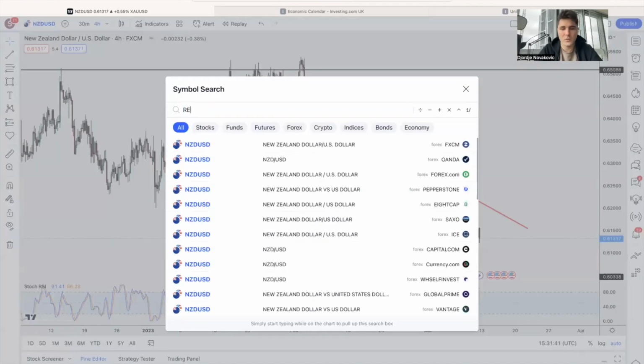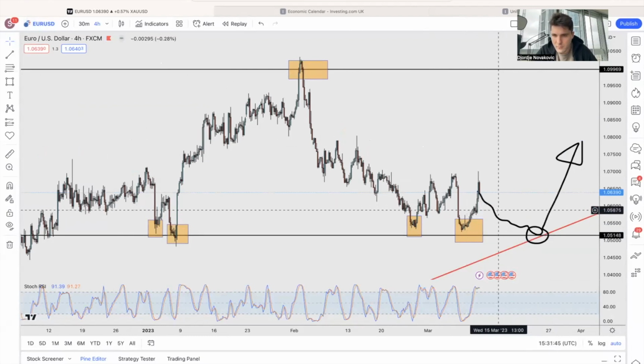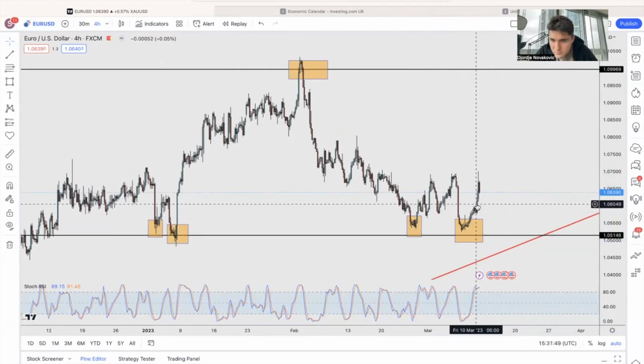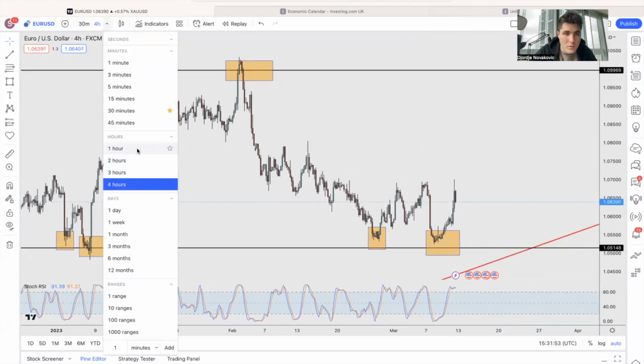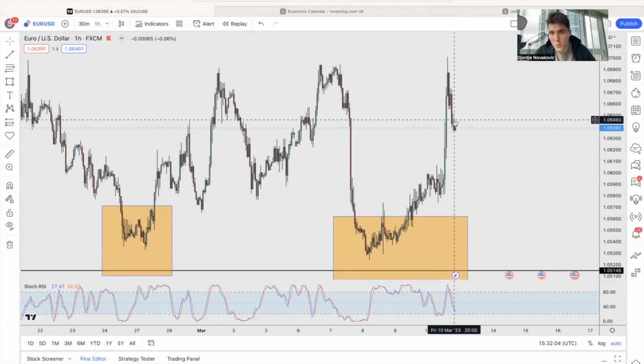Okay, so let's take EUR/USD. I'll go on the 1 hour. You see the NFP, all the way down.